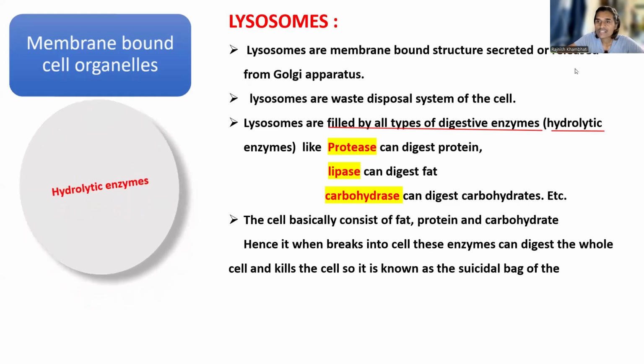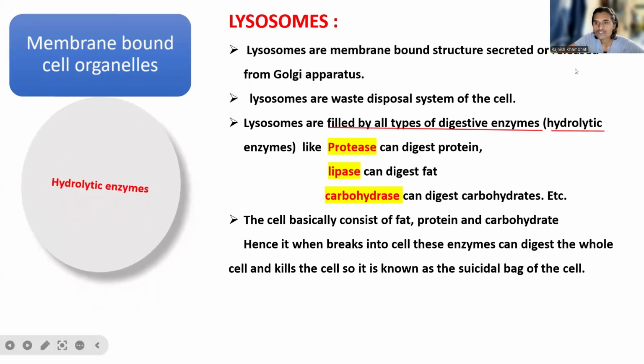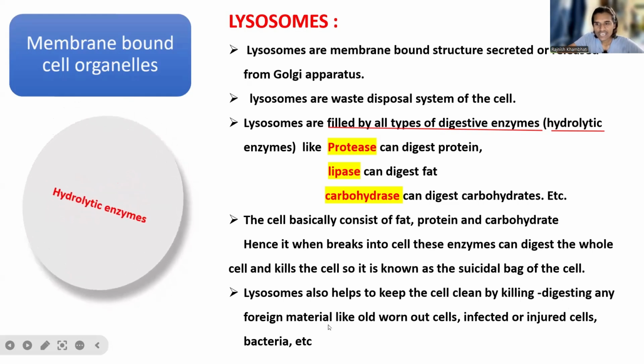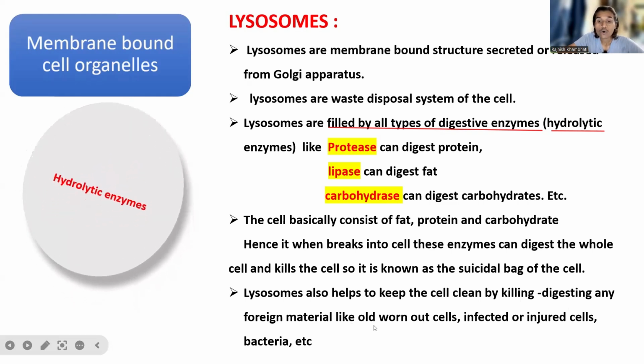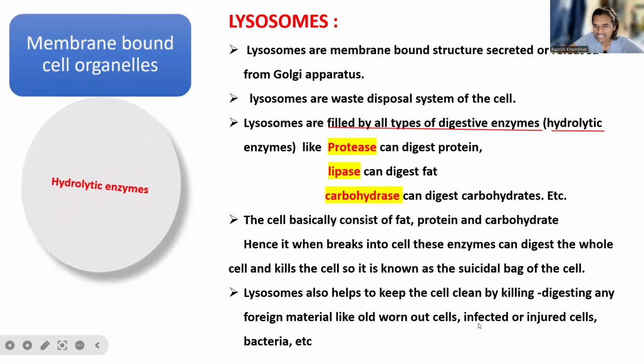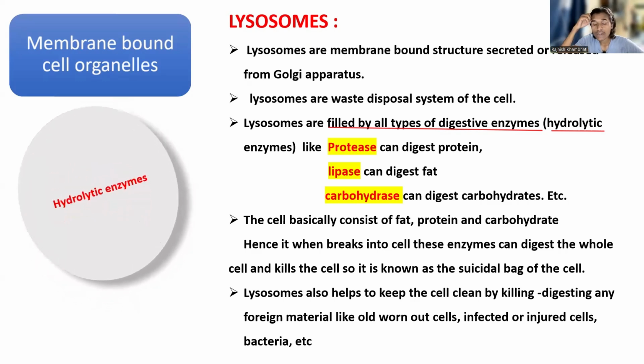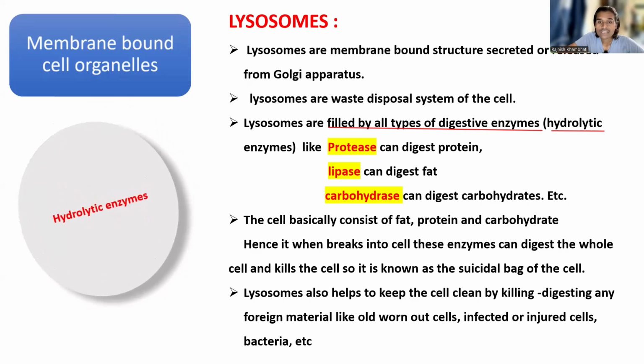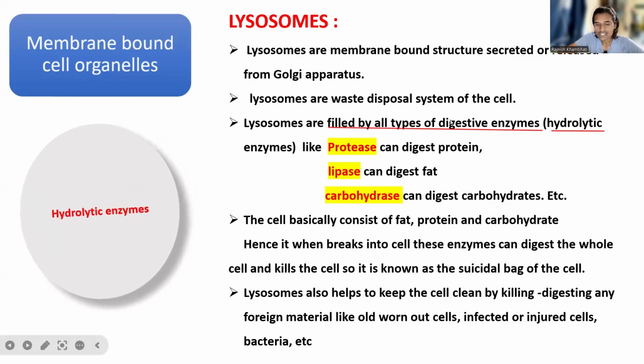This is the reason we call it the suicidal bag. Lysosome also helps to keep the cell clean by digesting foreign material like old worn out cells, infected cells, injured cells or bacteria in your tissue or body. So this is the reason we call it a disposal system.